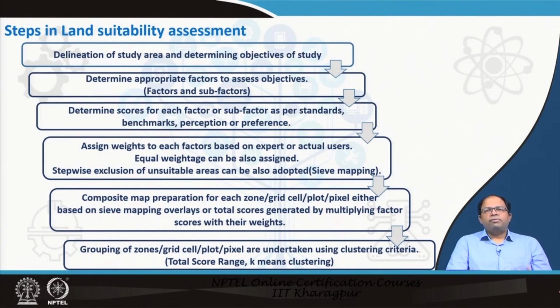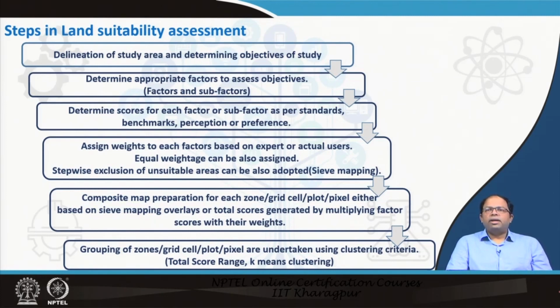If actual users, we don't know who the actual users may be, and if actual users may not be able to take this kind of decisions, then we will actually ask the experts, people who understand the reasons for choosing this objective and also understand the factors that have been chosen, and they also understand how to score them. So only these experts who are domain experts in this particular field have to be asked which factors they feel are important compared to others, so they can give some weightages to that.